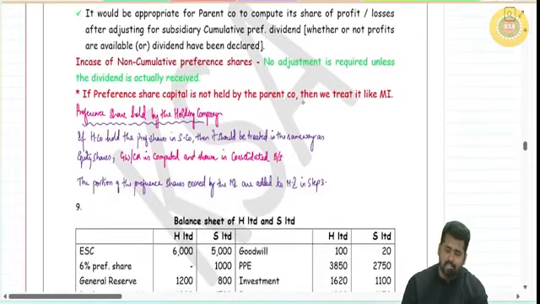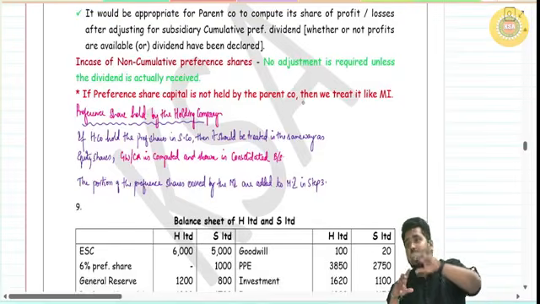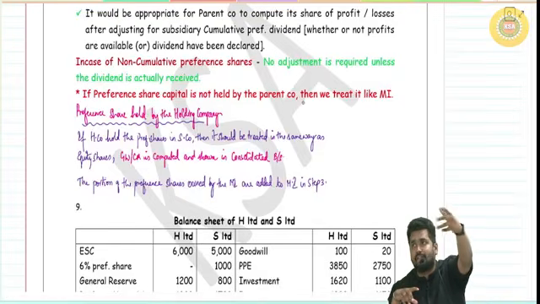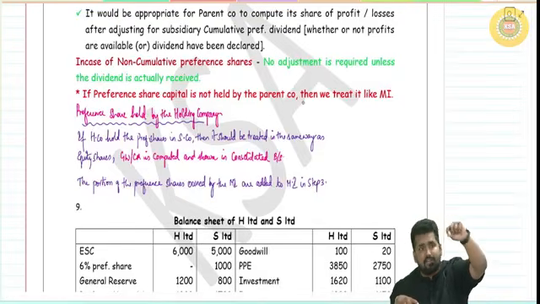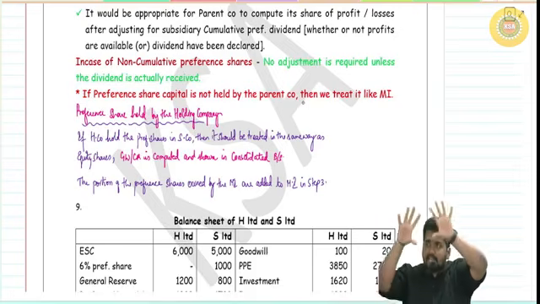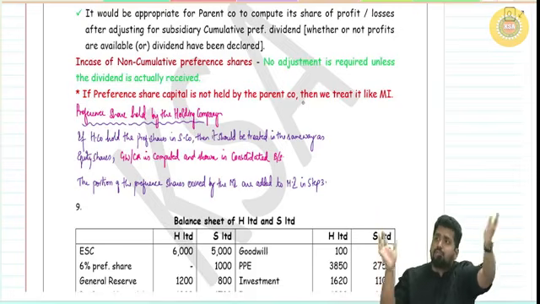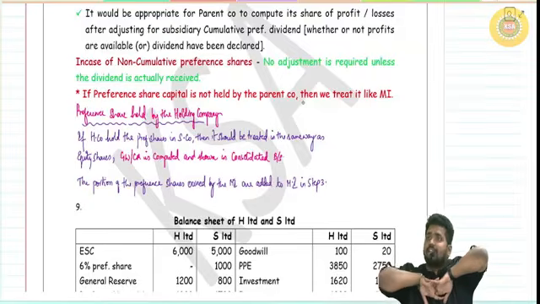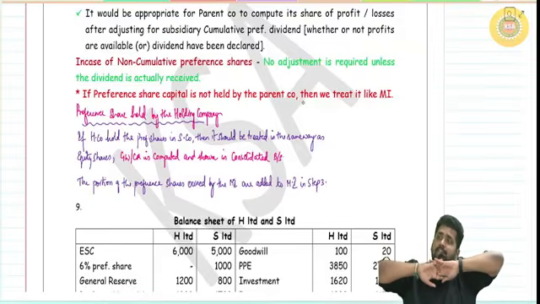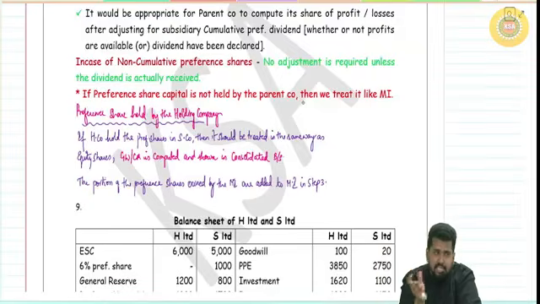Similarly, if you are having cumulative preference shares of the subsidiary company, after giving effect of the cumulative dividend, whether paid or not, after adjusting the P&L reserves, everything, whatever is the amount, at that time you have to do the line by line consolidation. After considering all the dividend, whether paid or not paid, then only you should do line by line consolidation.